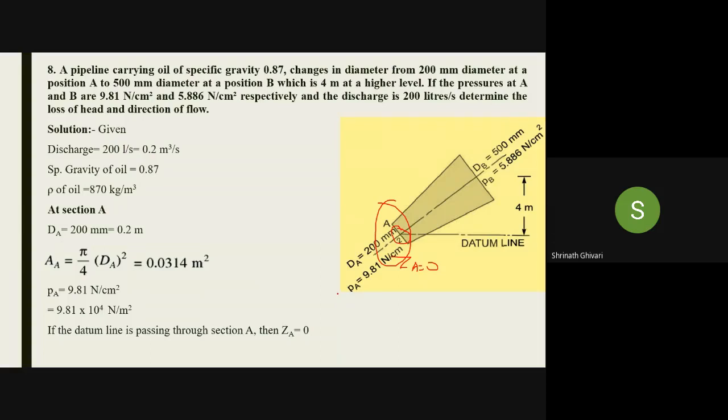Because obviously we know that we are going to use Bernoulli's equation. Okay, we have P for both sections, A and B. We have ZA and ZB also, but we don't have velocity, na? You have rho and g also. There's no problem in that. But how to calculate VA, velocity at A? How can we calculate fast? Any one of you?